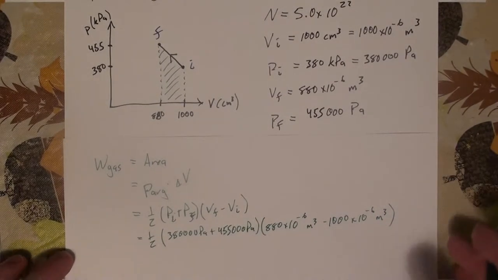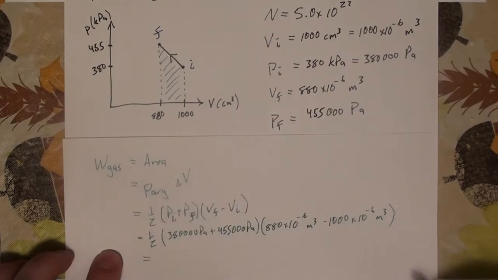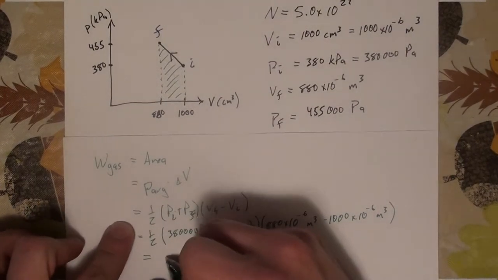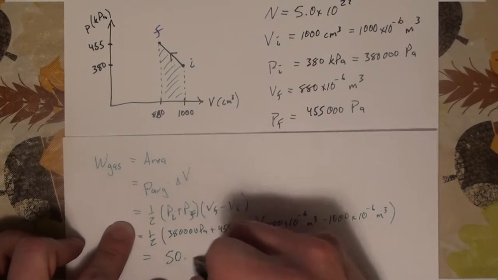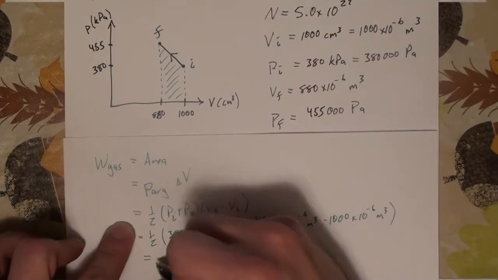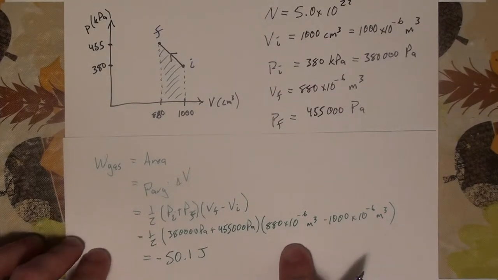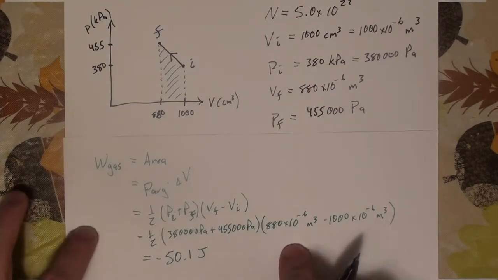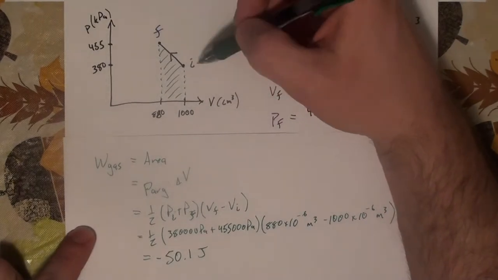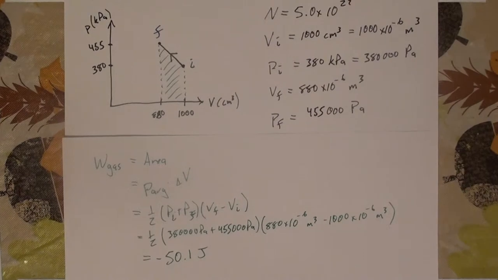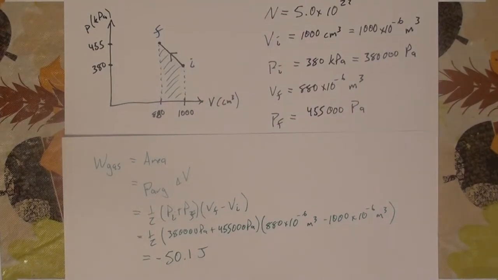If you do all of that math, what you'll find is that the area here is 50.1 joules, and it's negative. It's negative because the math told us, but we also know that it's negative because we're going left on a PV diagram. If the volume of the gas is decreasing, that means work is being done on it. So W gas, the work done by the gas, is going to be negative.